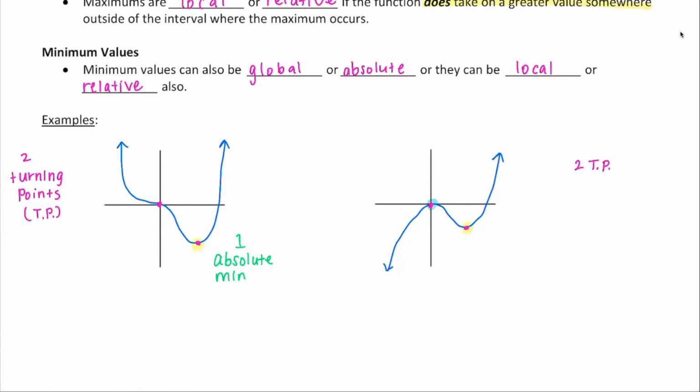So this is what we would call a local or a relative minimum and maximum. So this would be a relative minimum and this would be a relative maximum. So along this specific interval, this we would consider as the maximum value.